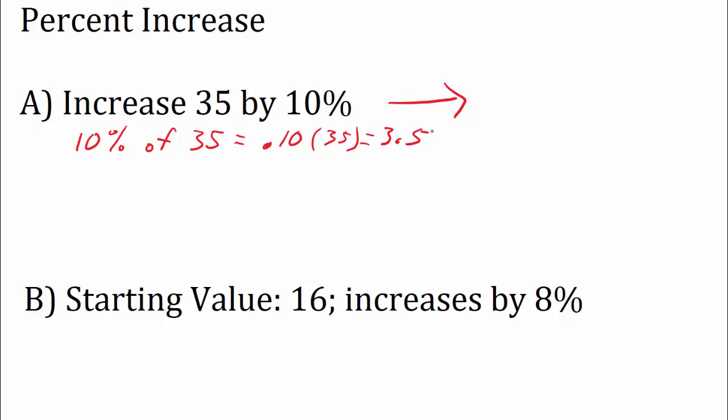But we want to increase 35 by 10%, so we're going to begin with 35 and add on 3.5 more. After adding 3.5 to 35, we get 38.5, which is what we get when we increase 35 by 10%.